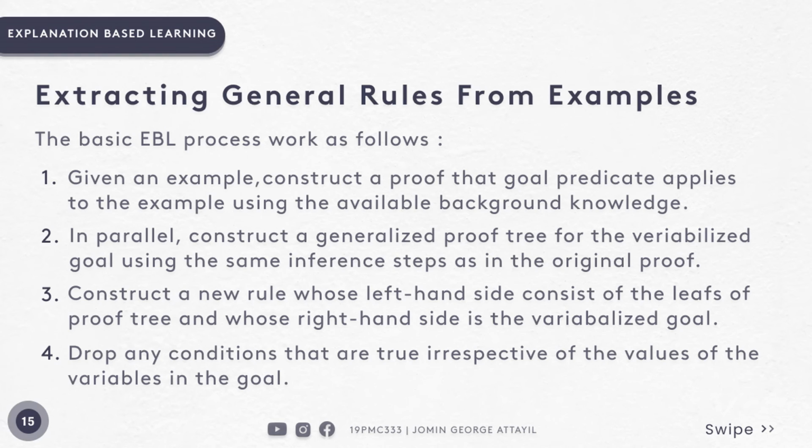Then construct a new rule whose left hand side consists of the leaves of the proof tree and whose right hand side is the variabilized goal, and then drop any conditions that are true irrespective of the values of the variables in the goal. These are the basic EBL process.